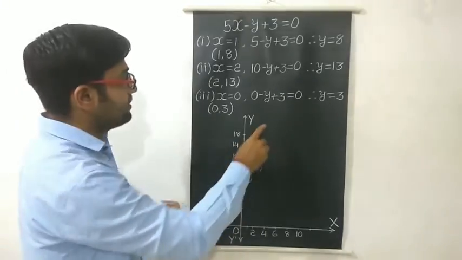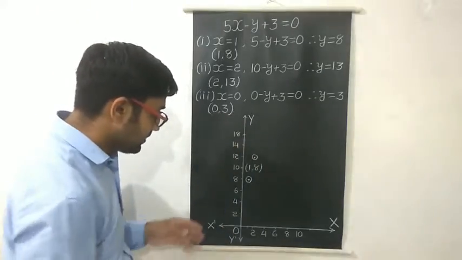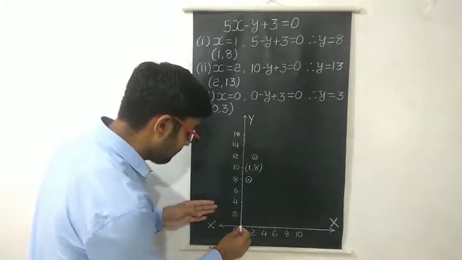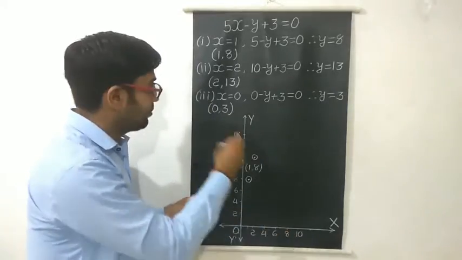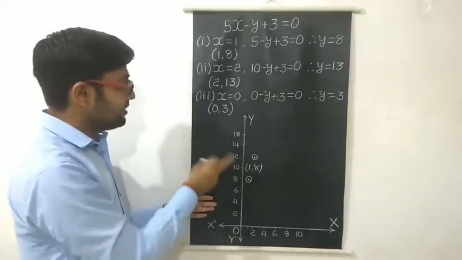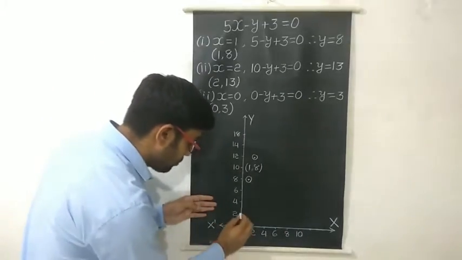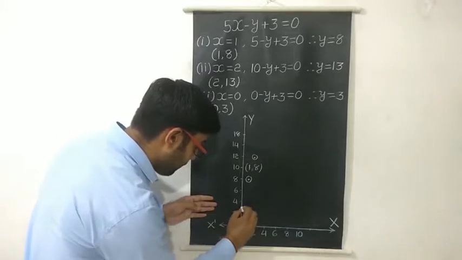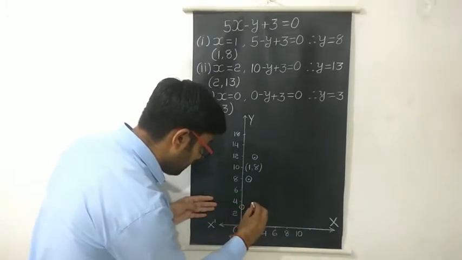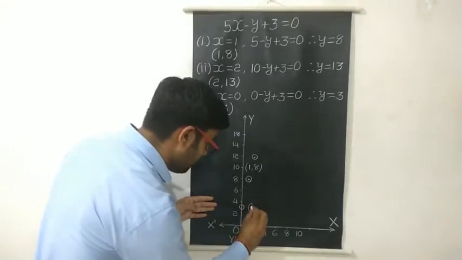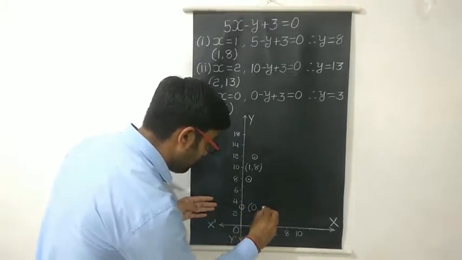Now the third one is 0, 3. 0, 3 means we do not have to go along the x-axis because its value is 0. On the y-axis we have to go 3 steps. So 3 is again in between 2 and 4. Here we get the 3. So this point is 0 and 3.